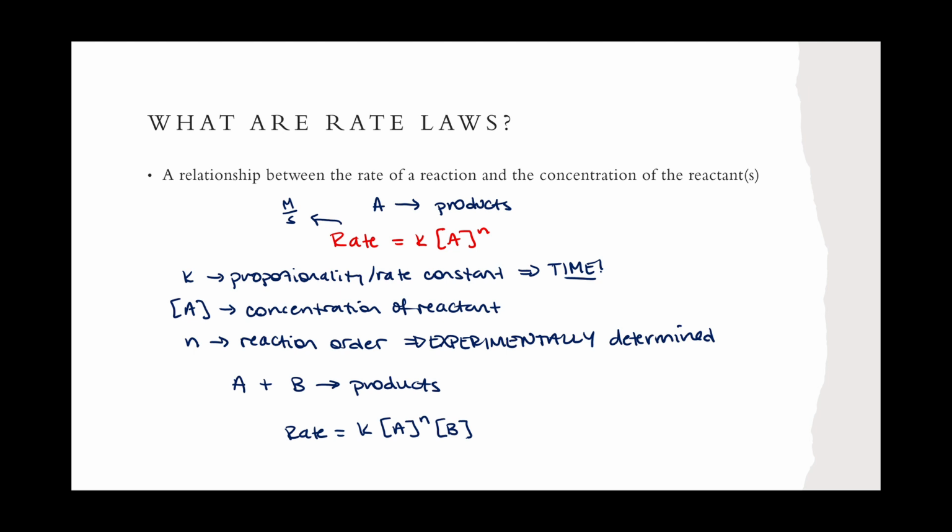And then we would multiply that by reactant B, which will have its own reaction order, and I'm just going to abbreviate it as m. n and m may or may not be the same number. Each reactant has its own unique reaction order. So I'm going to write that over here. These may be the same number, these may not be, but we will do examples where we see that.